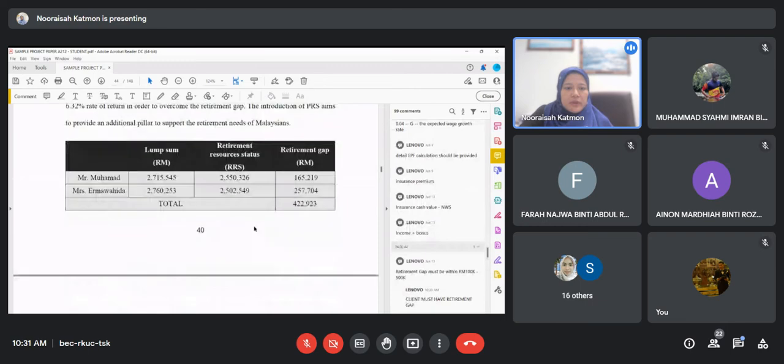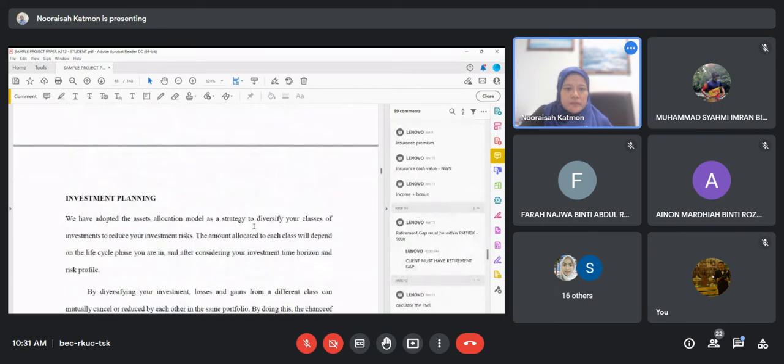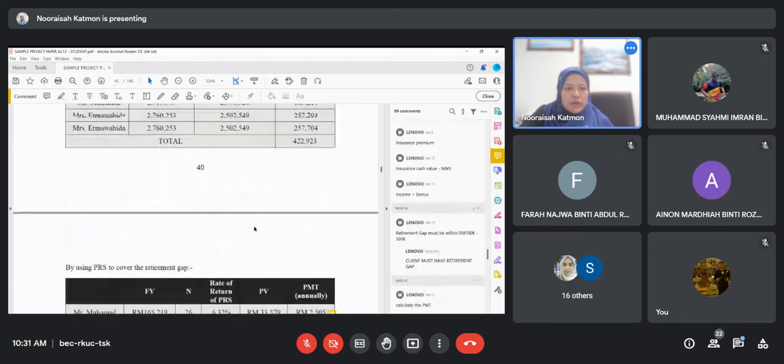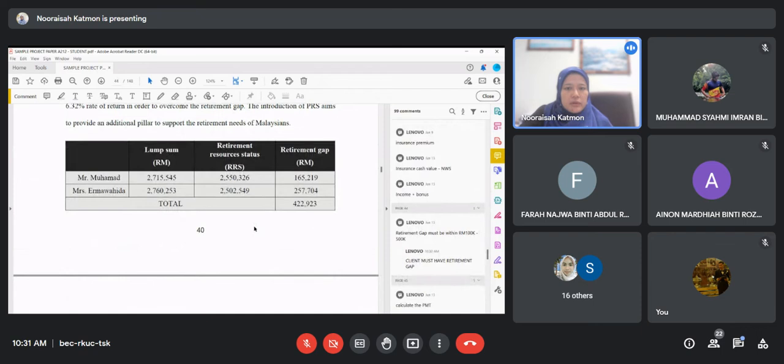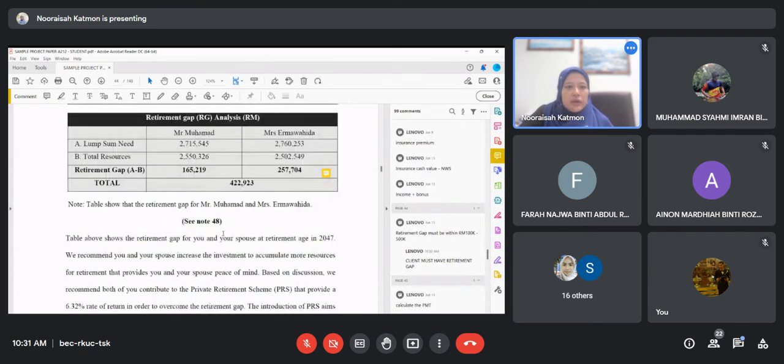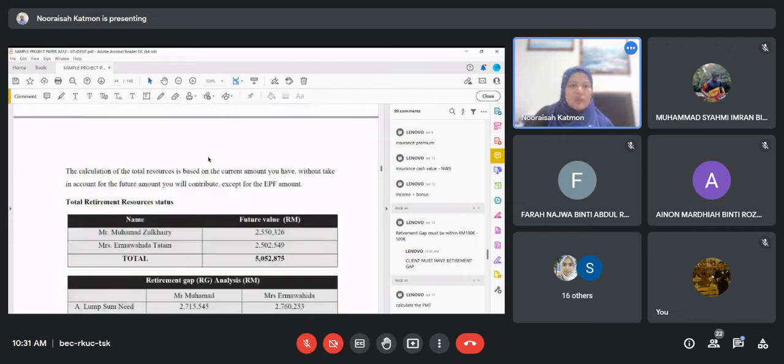Or if, for example, the retirement gap is too high, for example like 1 million or 2 million, then you make an adjustment towards your total resources.